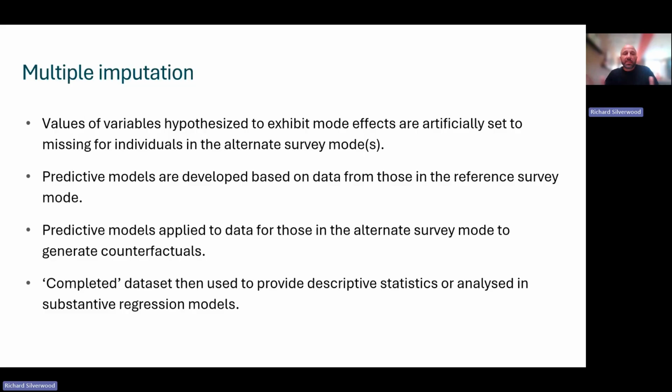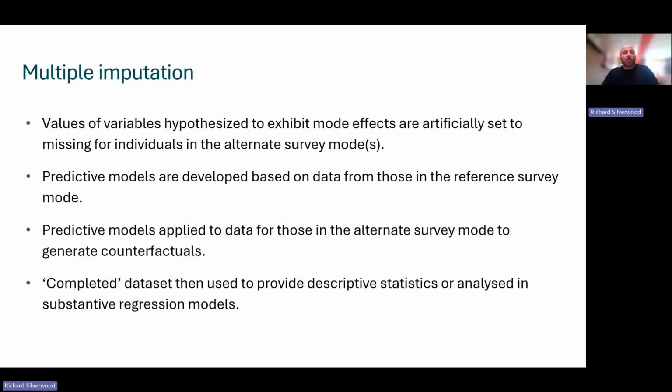We would then develop predictive or imputation models based on the data from those in the reference survey mode, and use these predictive models to impute the information for these variables for those individuals who we in fact observed under the alternate study mode. So this would give us counterfactual values had we instead observed them under the reference mode. And I'll go through a toy example of this in a minute, so it should become clearer. So these completed data sets can then be analyzed, used to provide descriptive statistics or estimating the associations or causal effects that we're interested in the usual way.